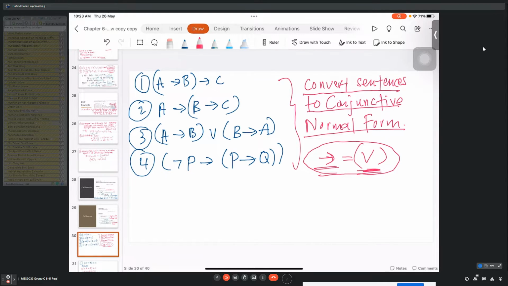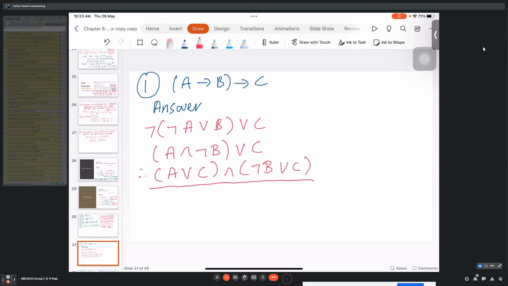Okay, here as you can see, A implies B, and then implies C. So we have implication here. This is disjunctive, so first we put the implication.